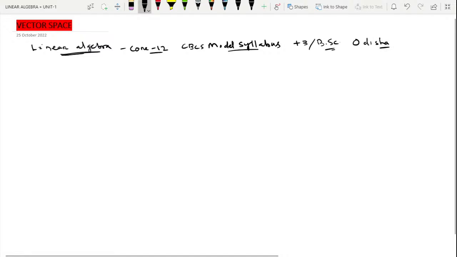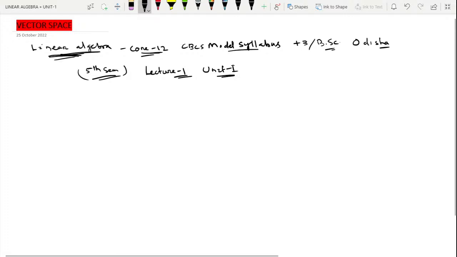This linear algebra is your fifth semester subject, Core 12, and its name is linear algebra. Now I will start my lecture 1. This is from unit 1 also.